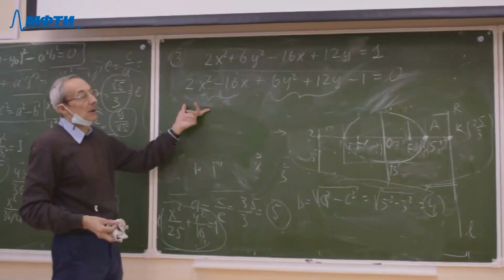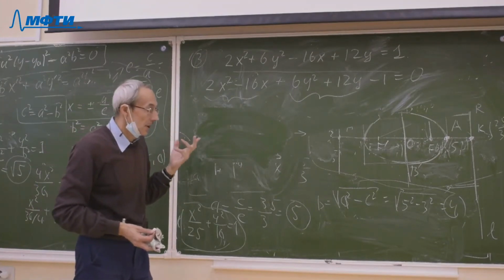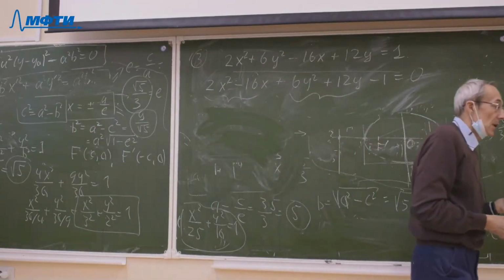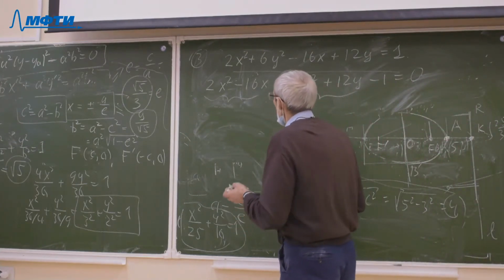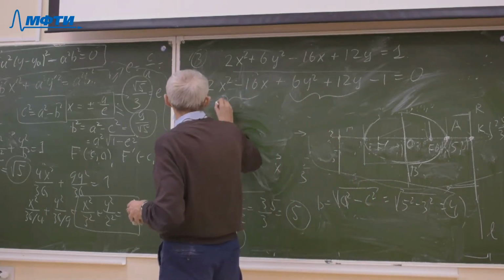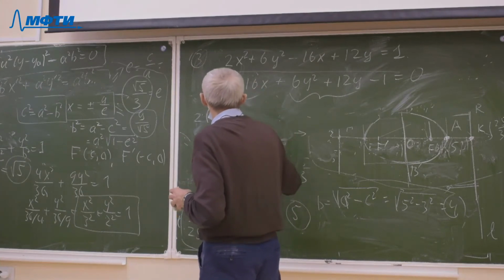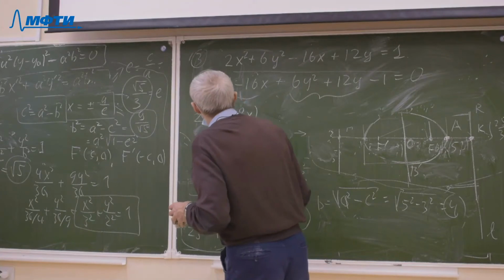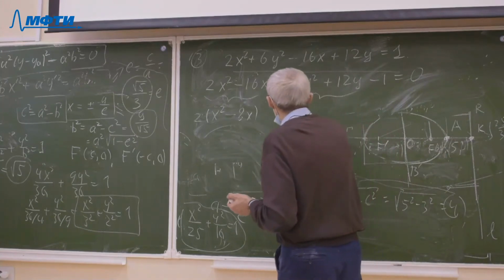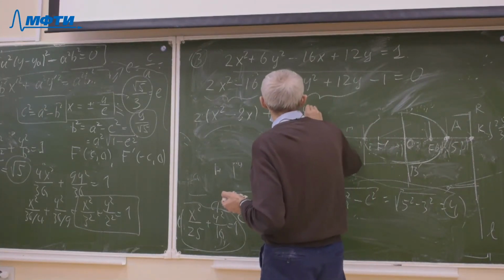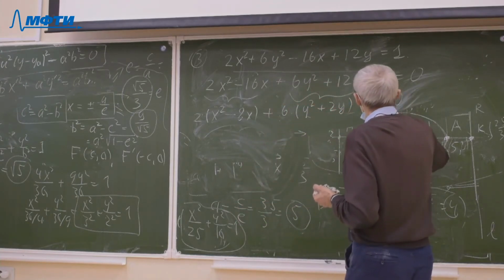We can rewrite the sum of these terms in the form of the square of some linear expression plus some constant. Namely, we can rewrite this sum in this form: 2 times the difference x squared minus 8x plus 6 times y squared plus 2y minus 1.